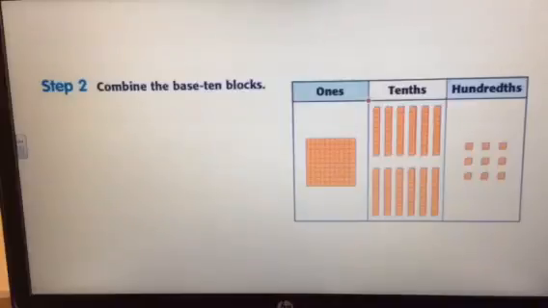Step number 2 is to combine the base 10 blocks. Most students skip this step and move directly to step number 3. Notice in the 10th spot there are many rods, and remember 10 rods will equal 1 flat.